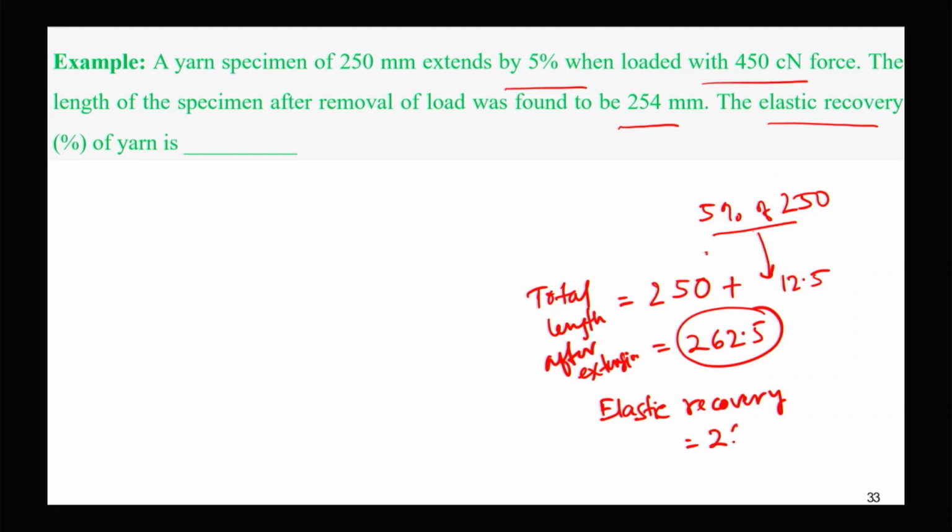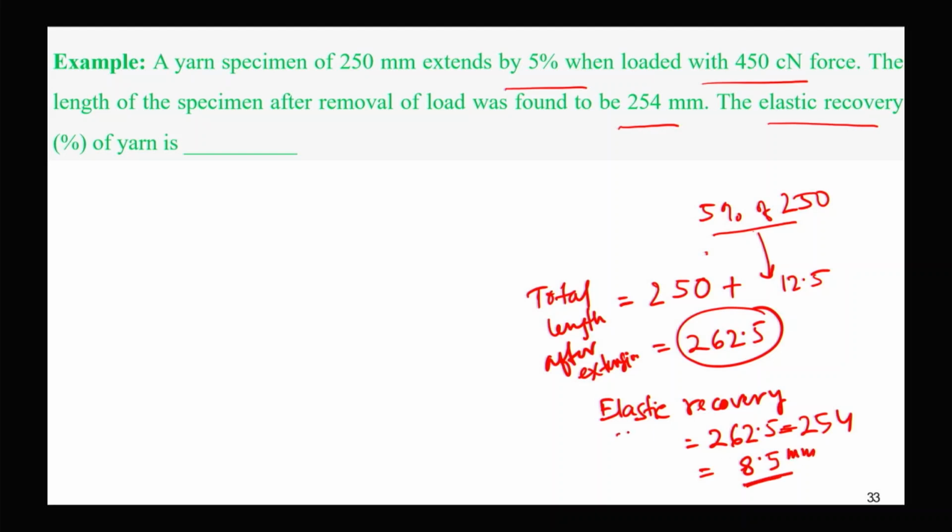So the recovery would be 262.5 minus the length after recovery, 254, which is 8.5 millimeter.